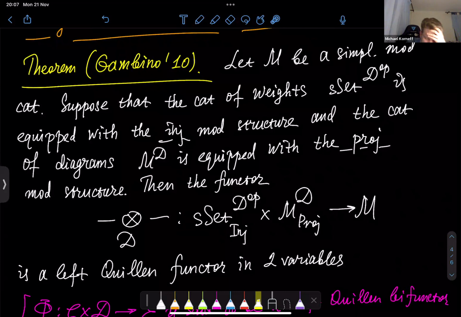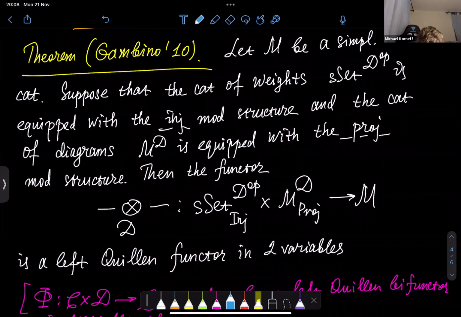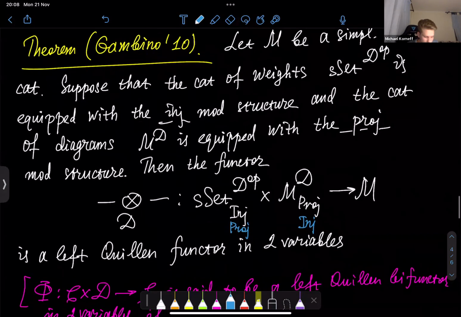We can change the model structures in this tensor product to the projective and injective model structures respectively, and the statement of the theorem will be true. Of course, we can take in this term the projective model structure and in this one some injective model structure.